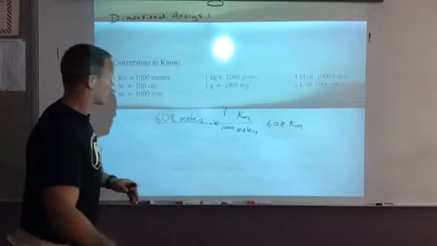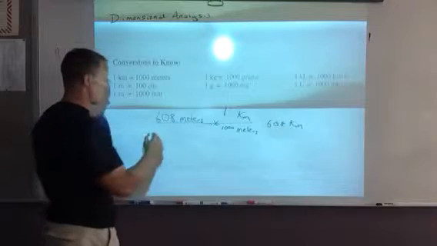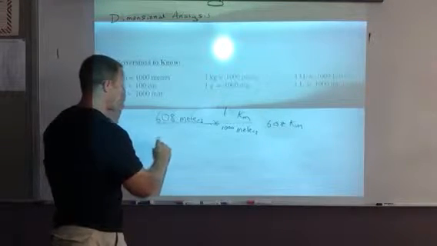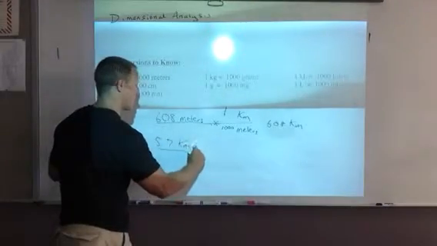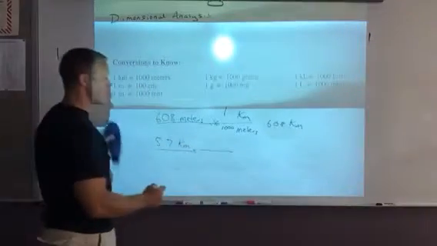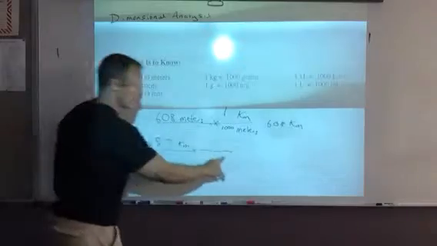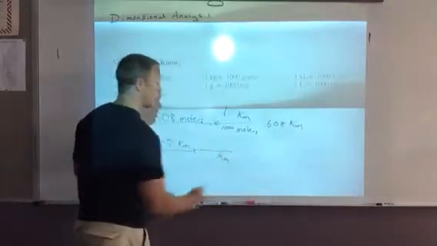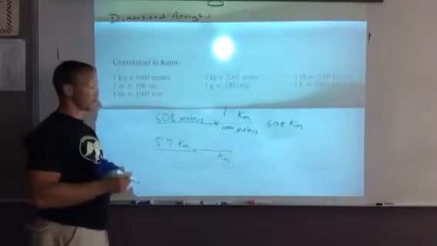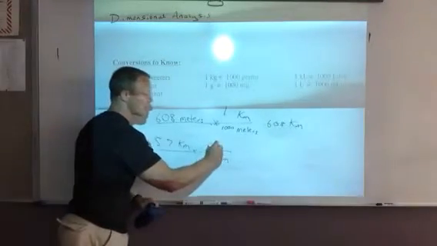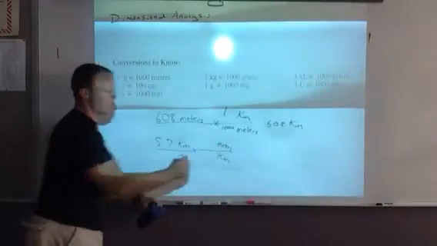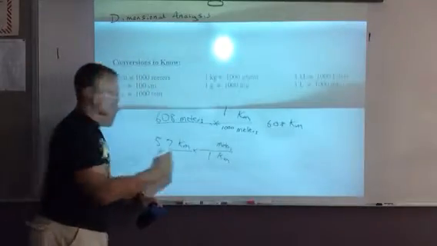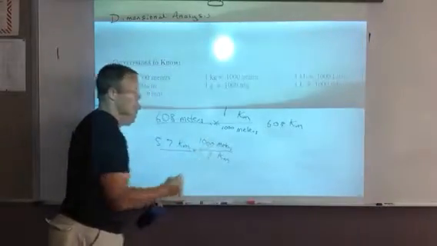Now if I started with kilometers, so let's say I told you I want you to run 5.7 kilometers, and I say how many meters is that? Since kilometers is on top, that label goes in the bottom. Use your labels, that makes sure you put the correct thing down there. I want to get to meters, so I'm going from kilometers to meters. Now my conversion would be that every 1 kilometer on the bottom is 1,000 meters on top.